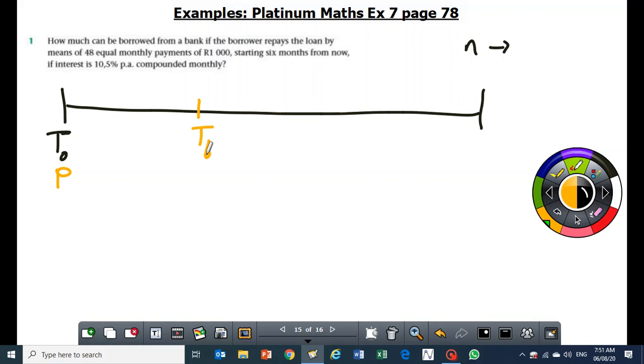Now, I just want to ask this question. What is the difference between the T's and the months? On a timeline, what is the difference between TN? When I say TN, I'm talking about T naught, T1, T2, T3, and the number of months. Did you understand my question?